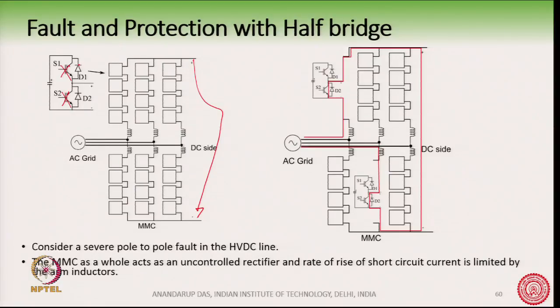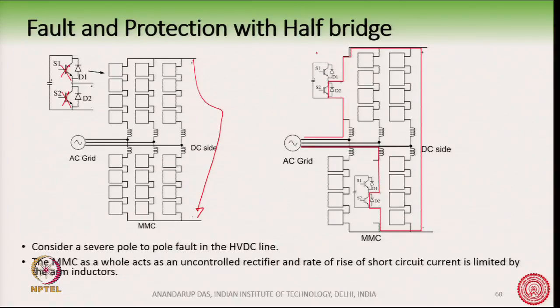In order to understand this, I have drawn this circuit here. In this circuit, the entire arm, for this phase A for example, we are representing by a single half bridge. It is for the purpose of analysis. If we have more half bridges, the same analysis will be valid.